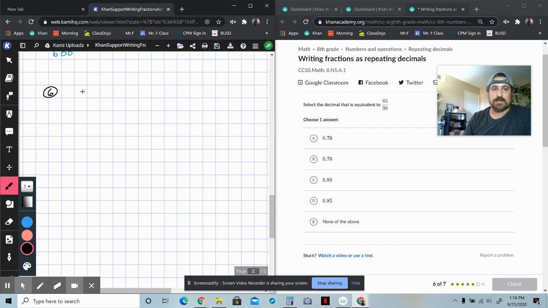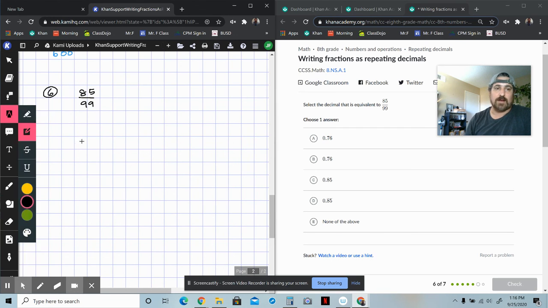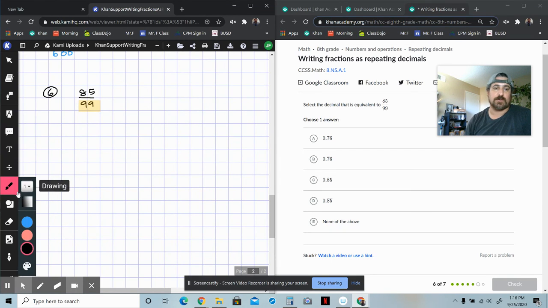It's 85 over 99. And as you guys know, whenever you have something over 99, it's going to be a repeating decimal. And it just means it's going to repeat in the hundredths place. So when you're doing this one, that's where the repeating element is. The numerator becomes the repeating element.